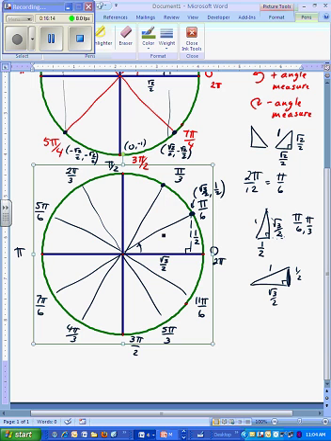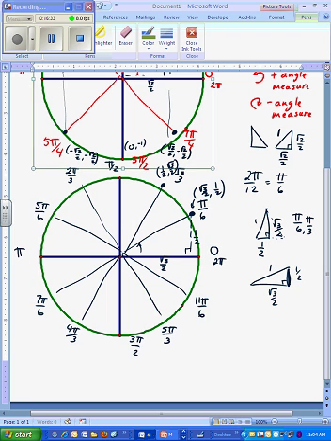But what will happen now is that I'm going to have a 30, 60, 90 triangle that's going to be standing up. So the x coordinate is going to be the short leg, and the y coordinate is going to be the long leg. So the coordinates of this would just flip-flop. So it would be 1/2 short leg, and then square root of 3 over 2 long leg for that point.